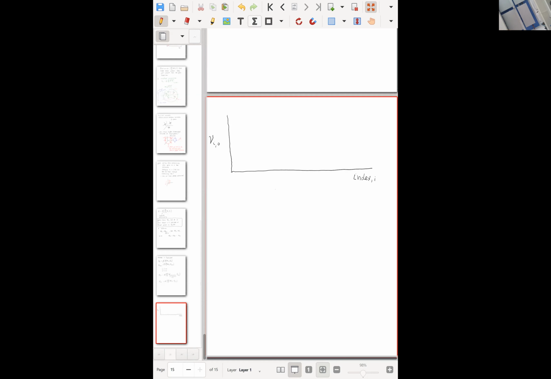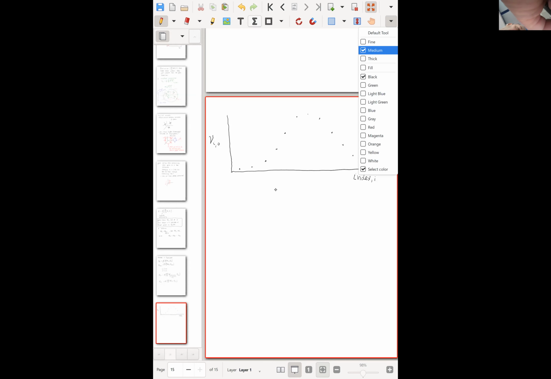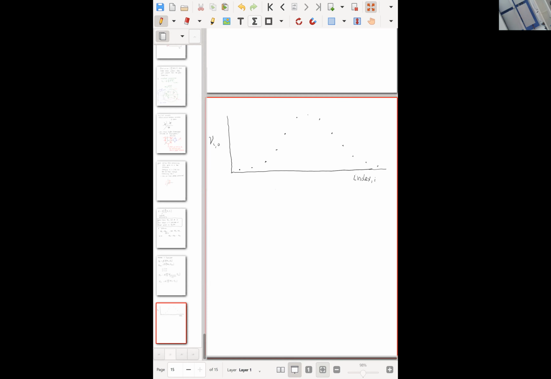And these things are typically, for reasons that aren't particularly obvious, a hill of activity. Okay, so this is the activity of ν_i as a function of i. And now we can ask, what does ν_{i+2},0 look like? That's just a shifted version of this.